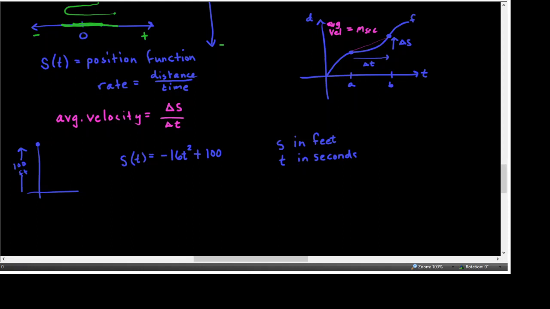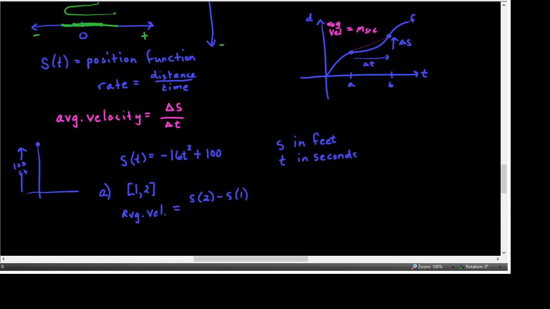Find the average velocity over the given time intervals. From time 1 to time 2, the average velocity is going to be our change in position. So where were we at time 2 minus where were we at time 1?